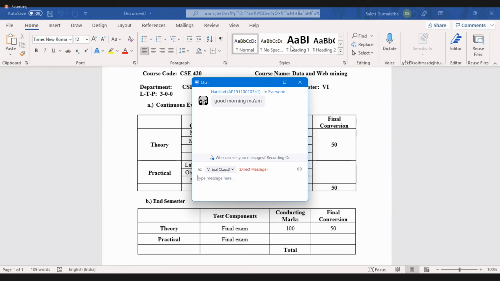Harshad, you're from G section, right? Yeah, G section.